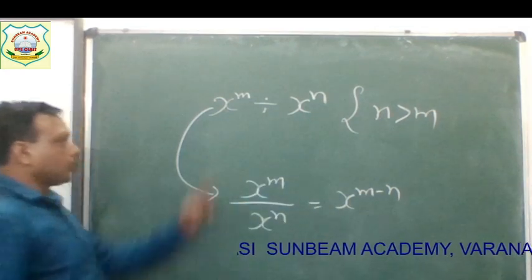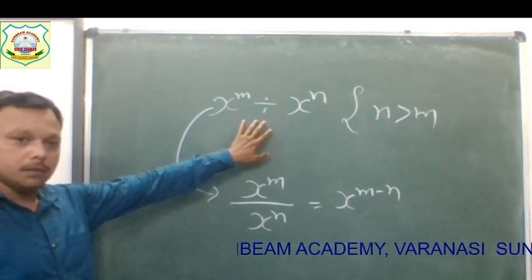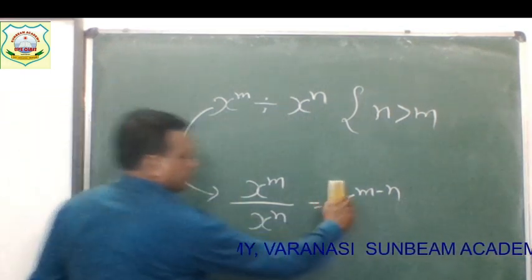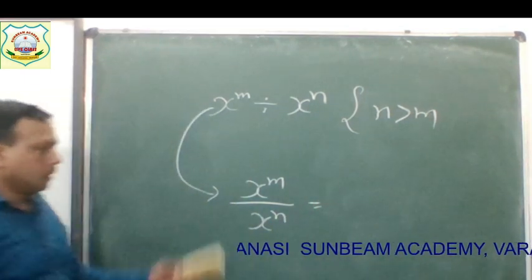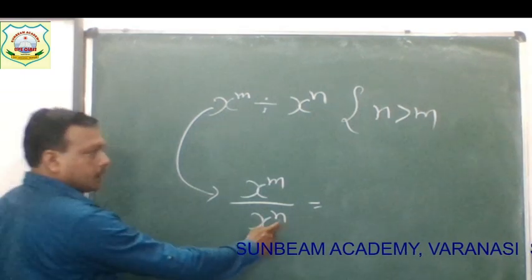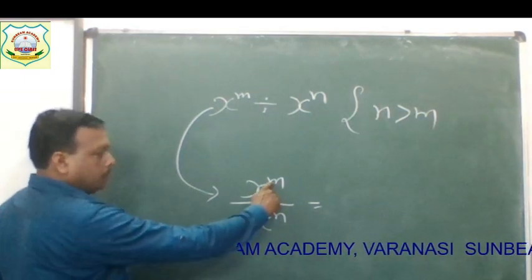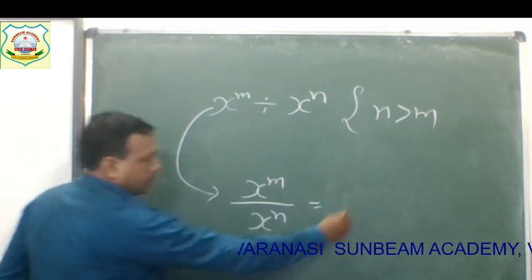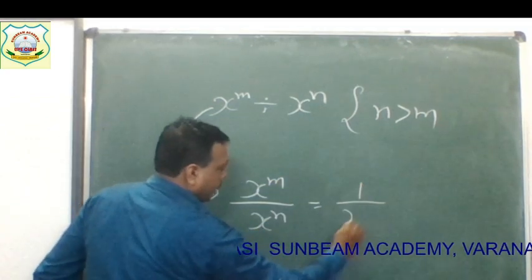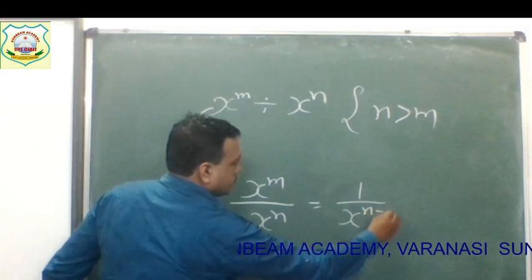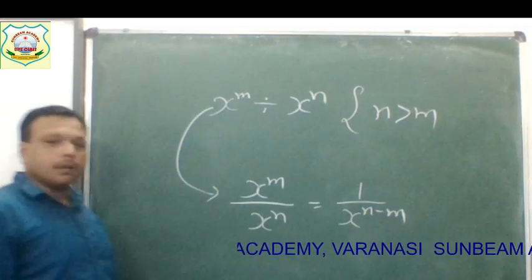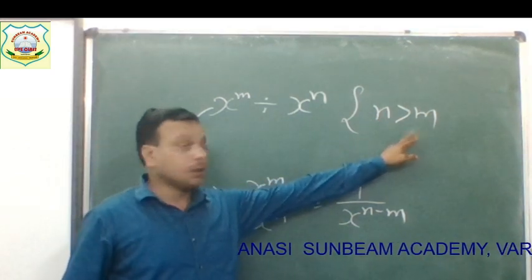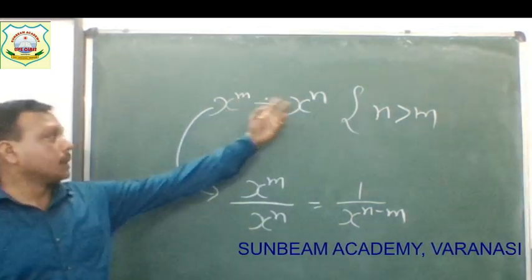First of all, you have to convert. See this form. Here n is greater, so n will come in the denominator, like this, 1 upon x power n minus m. This way we will write. If the condition is given n is greater than m, it means you have to check which value is greater.